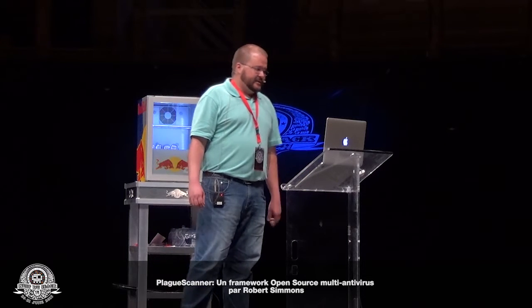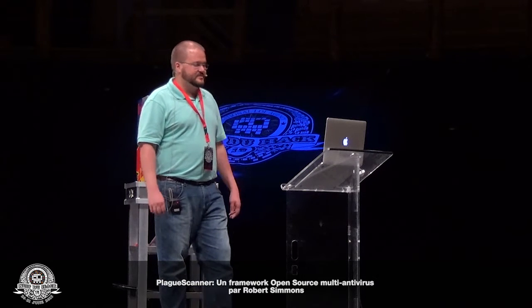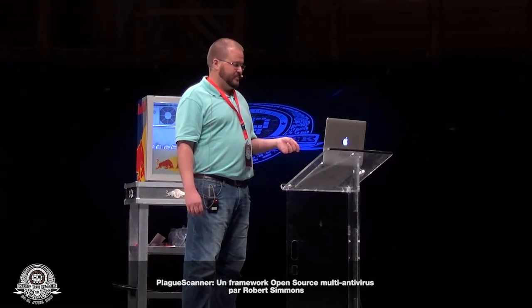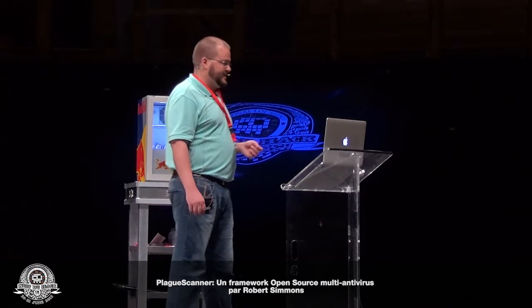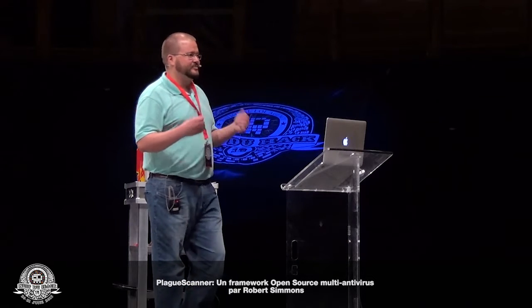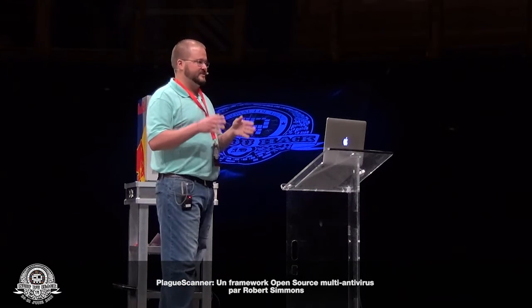There's a few real-world use cases for this, and when I gave a talk on PlagueScanner at ShmooCon in January, a couple of the guys from the Veil framework said, if you look at your scanner, kind of think of it backwards. If I'm doing a pen testing engagement, a lot of pen testers will use malware that they want to have evade an AV scanner at their target company.